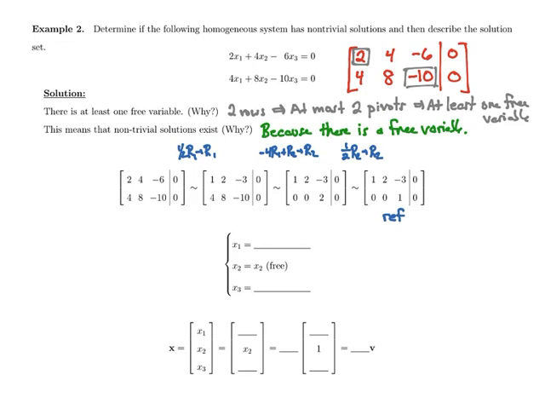In order to solve the system, we do want to put it into reduced echelon form, but it's nice to stop at echelon form to validate what we said before. We said that there's going to be at most 2 pivots in here. There they are. And we have our free variable, x2. That being said, let's put it into reduced row echelon form.